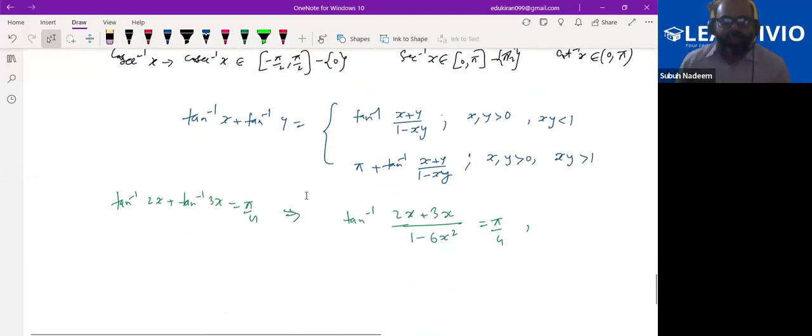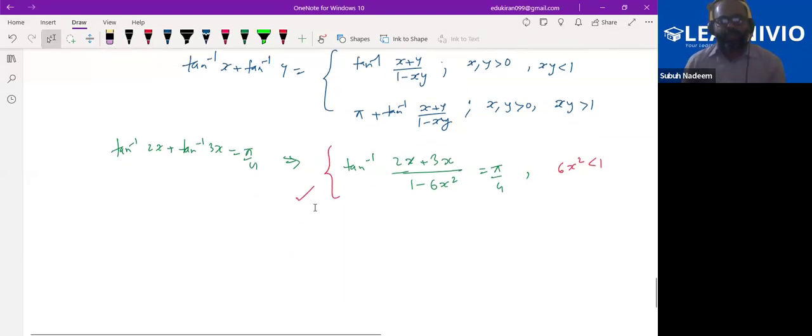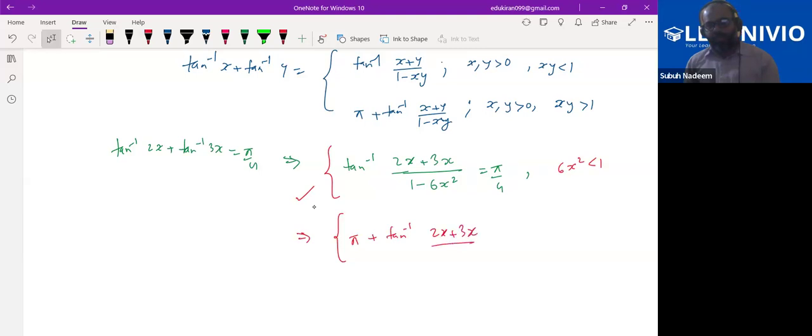What else is that this condition says that xy is less than 1. So 6x square is less than 1. Or we can say that it is pi plus tan inverse of 2x plus 3x by 1 minus 6x square is equal to pi by 4, and here 6x square is greater than 1 because xy is greater than 1 in another case. So these two cases we have with us.